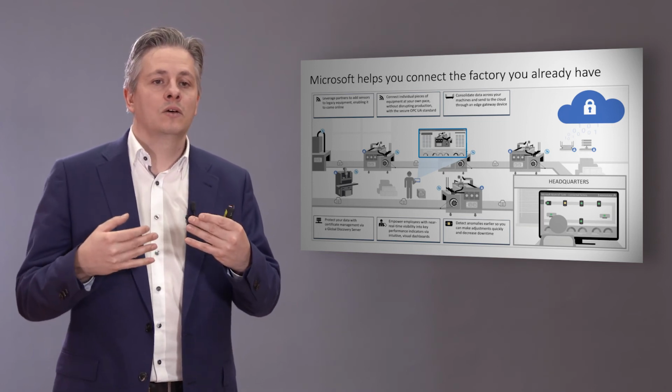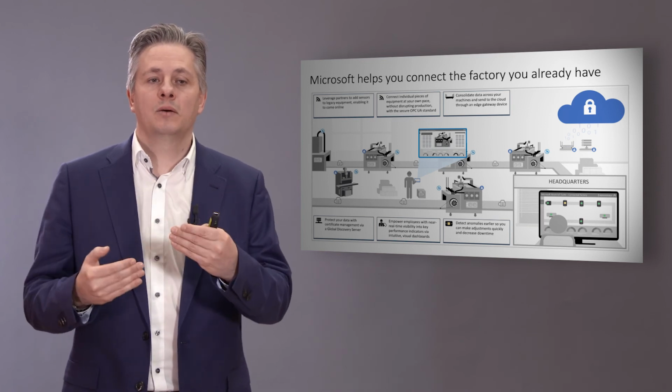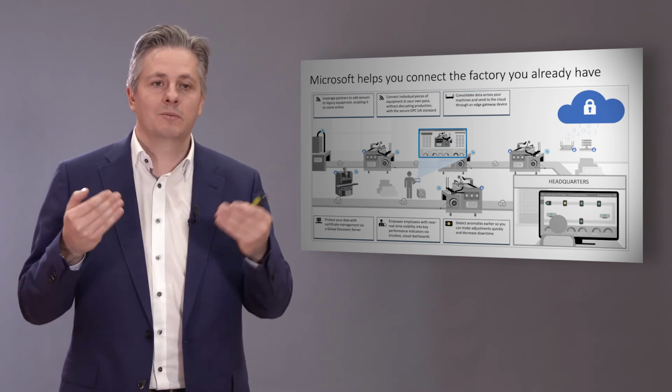So this is kind of where the intelligence of the solution comes from. And of course, you can connect it to things like Dynamics CRM and make use of the digital twin that we've built into IoT Hub to make changes to the machines in real time on the factory floor.